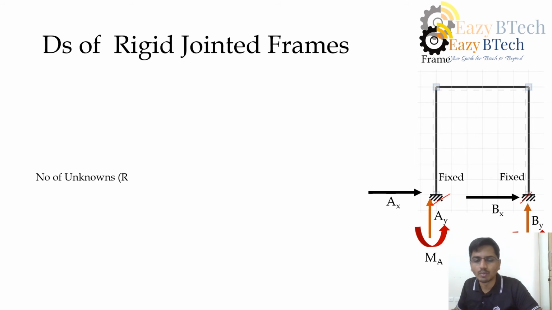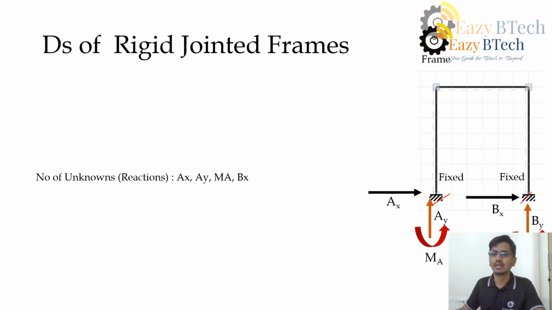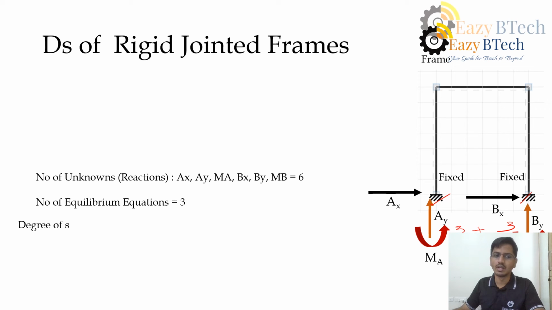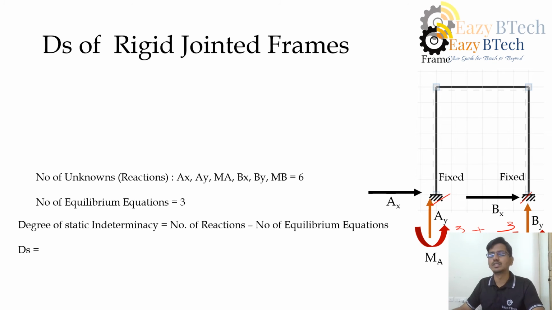So the number of unknowns is 6, 3 plus 3, and the number of equilibrium equations is 3. The degree of static indeterminacy is 6 minus 3, which is 3. So this frame is statically indeterminate to the degree of 3.